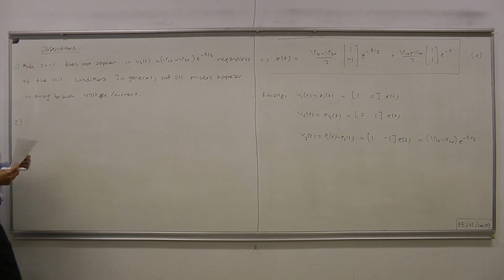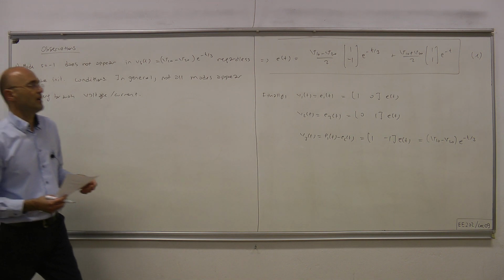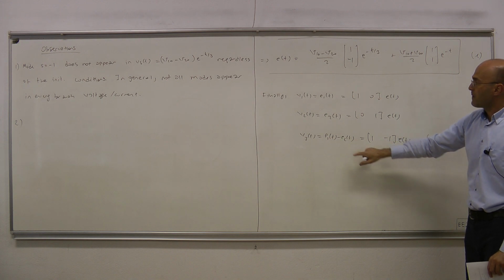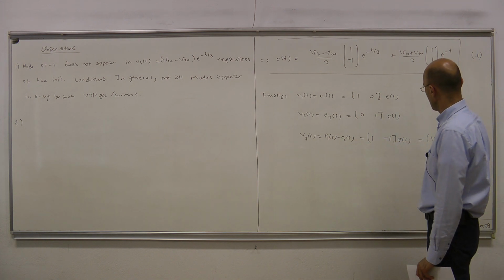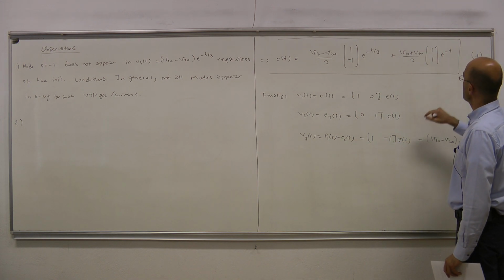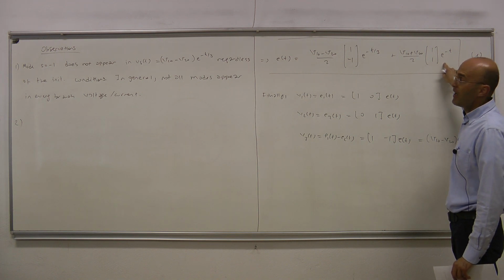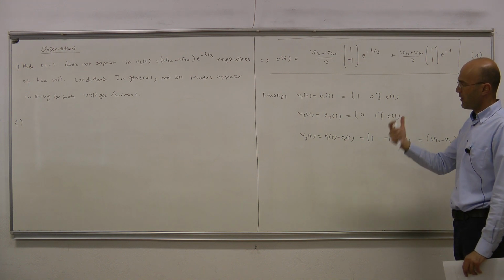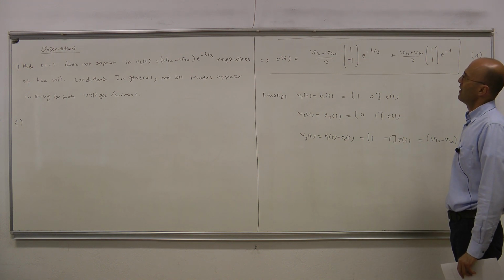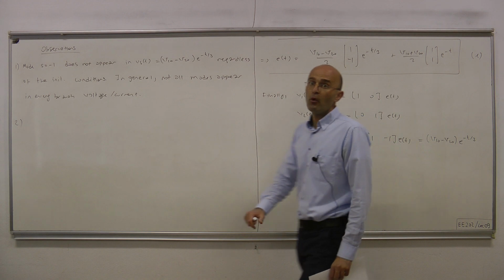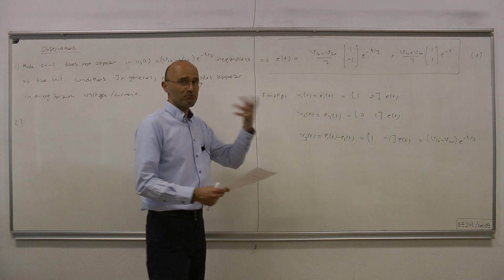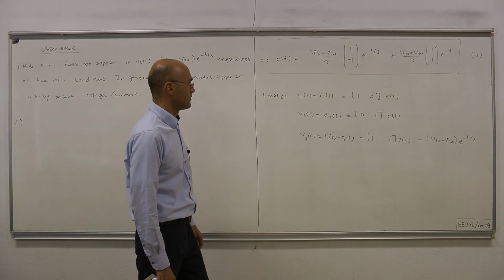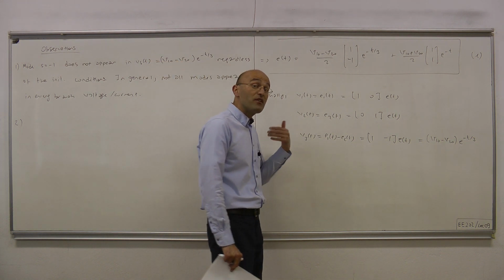Second observation is the following. Note that for V3, no matter how you choose the initial conditions, this mode will never appear. So that's a particular output for the system, a particular branch voltage. Now we're going to talk about something more general, a mode disappearing from the entire circuit.